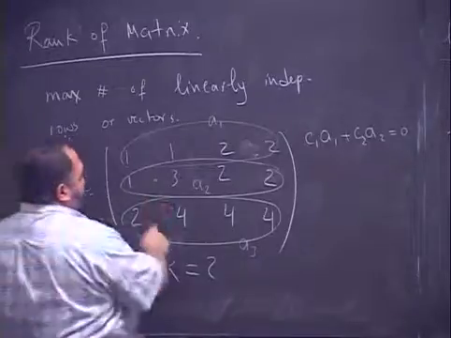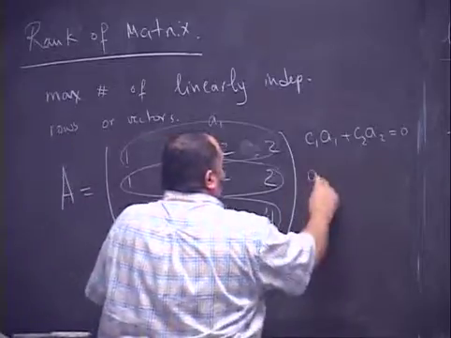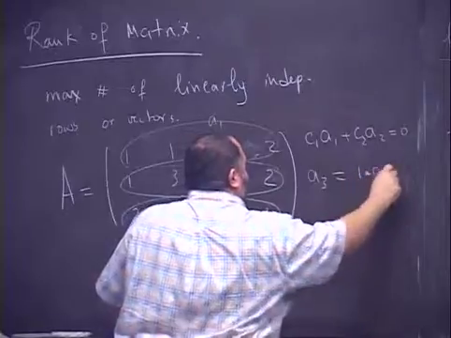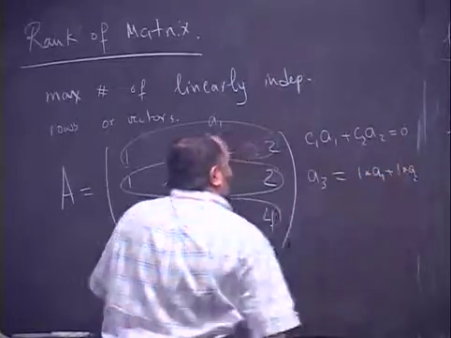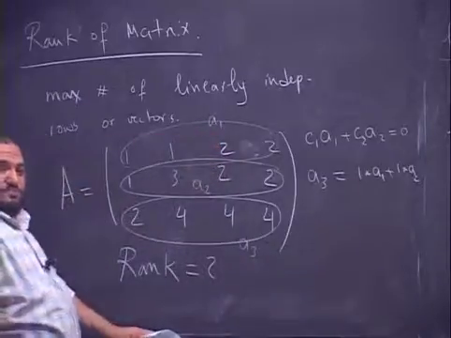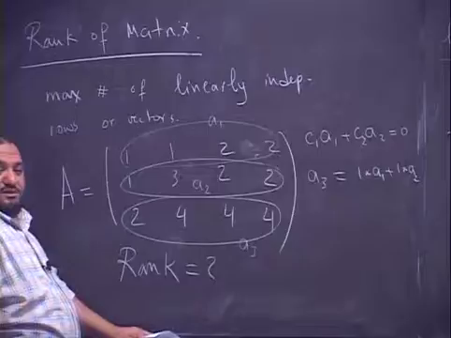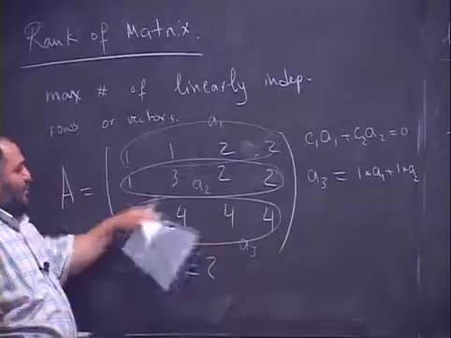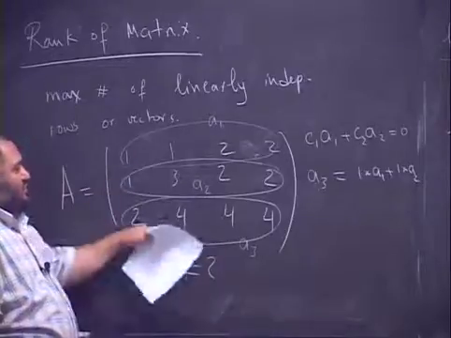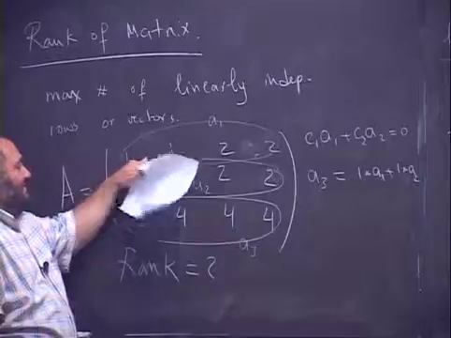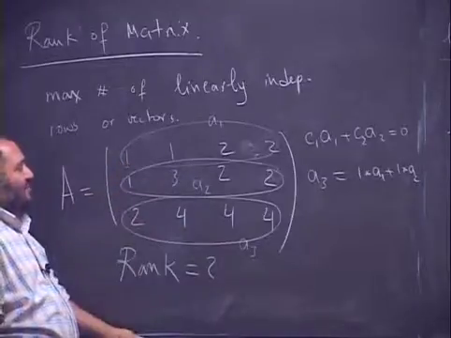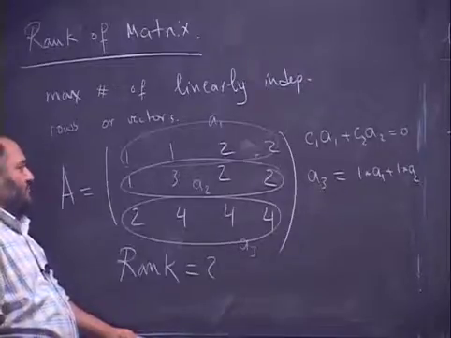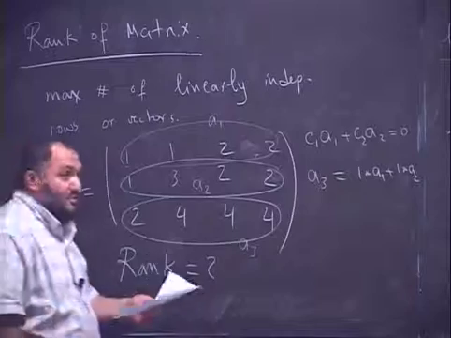But for this one, A3 is equal to 1 multiplied by A1 plus 1 multiplied by A2. So I can write one of them in terms of the other two. This row is linearly dependent on the other two. So the maximum number of linearly independent rows or vectors here is equal to 2, so the rank is equal to 2.